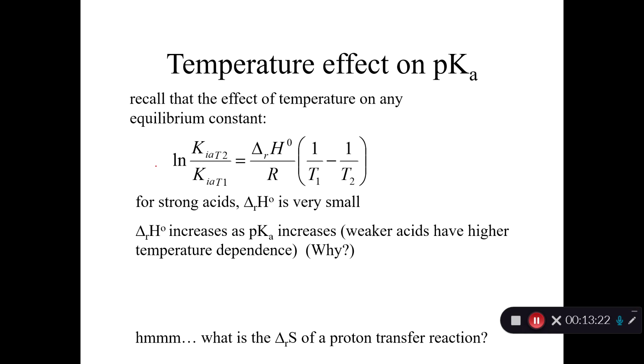So as with any other equilibrium constant, we can use an equation of this form to describe how the equilibrium constant changes as a function of temperature, and it has this delta H term in it. But for acids and bases, that delta H term is going to be pretty small. So these don't tend to be really huge functions of temperature. The pKa values of these chemicals are not very dependent on temperature.